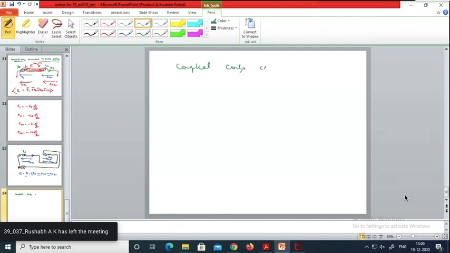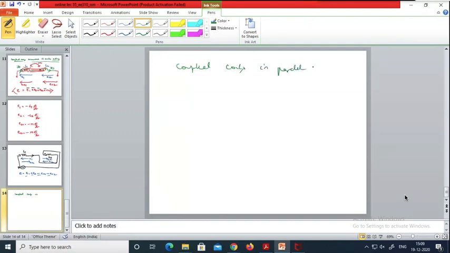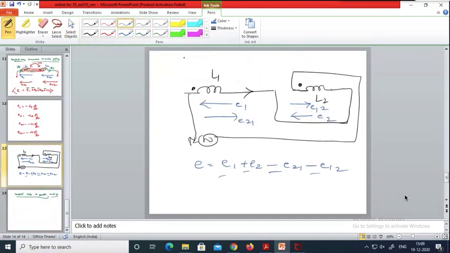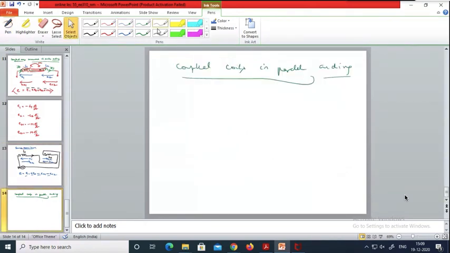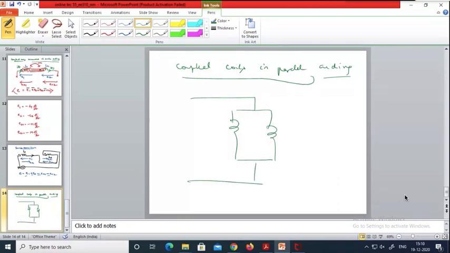This is series opposition, and this is parallel aiding. So let's write it here. Coils have to be connected in parallel. That's all. So I will write the dot here and I will write it here.